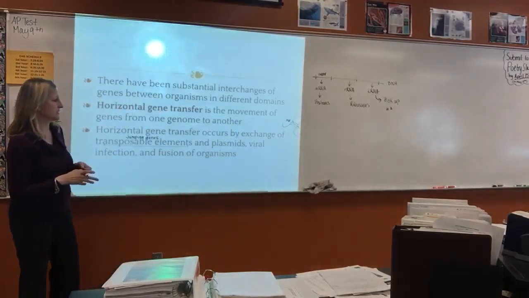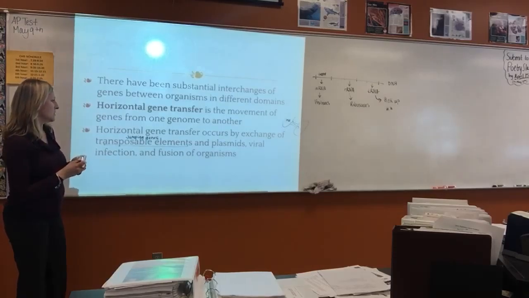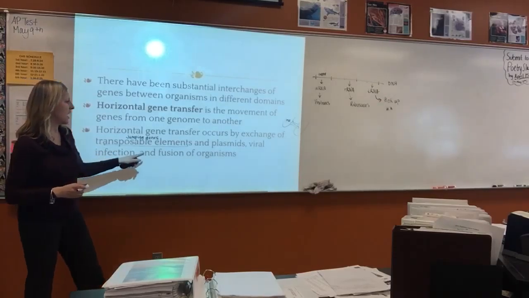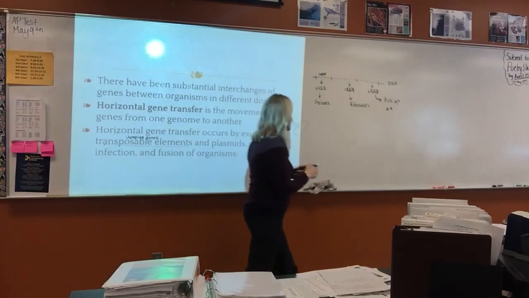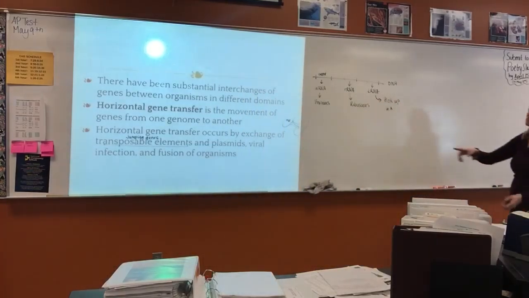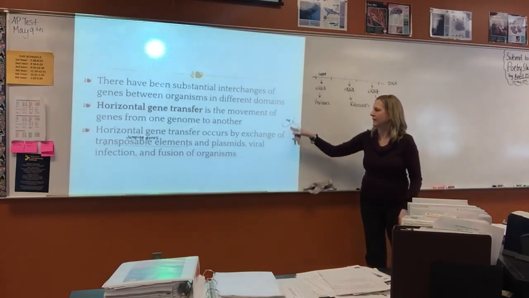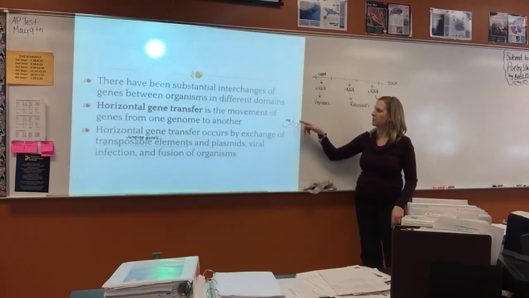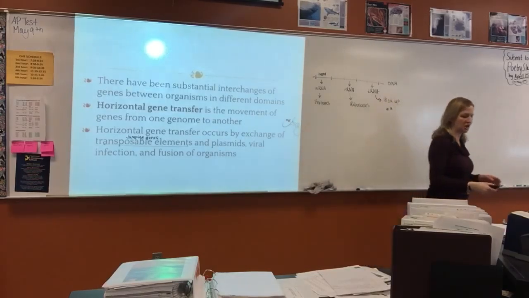Plasmids, like in the transformation that we did. Viral infection, and fusing of organisms. If organisms fuse together, it's kind of like conjugation where they temporarily fuse and therefore can exchange DNA.